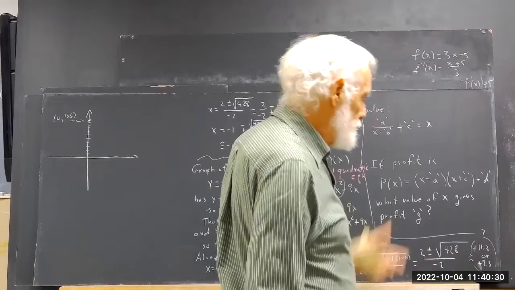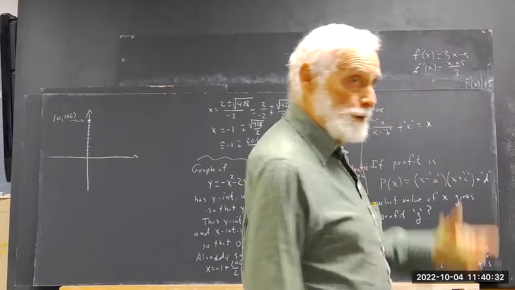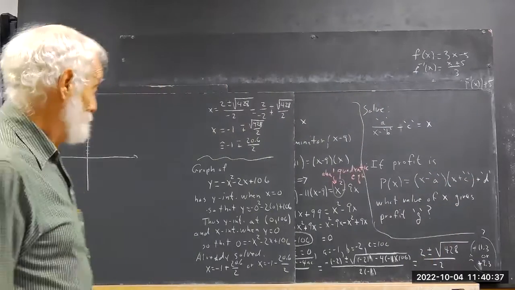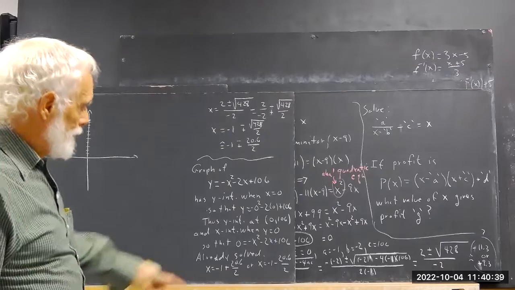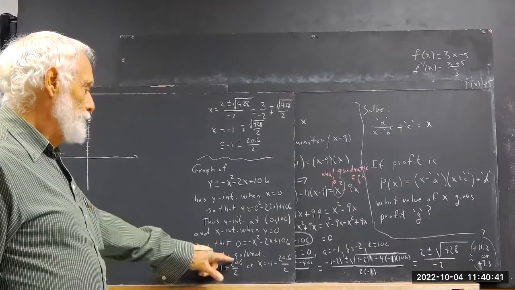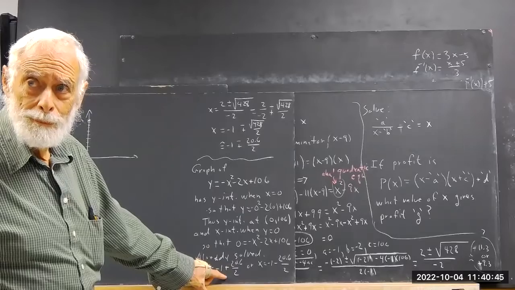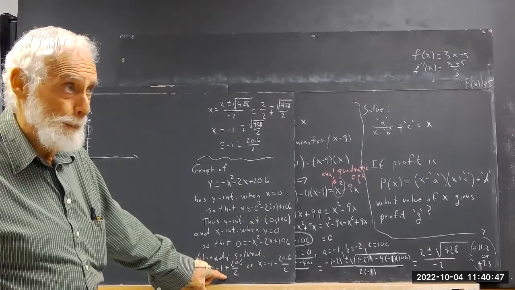I made a mistake, changed the signs, and I thought I made a mistake, so I changed them again. But that was a mistake, so I changed them back. Okay. I guess -1 plus 20.6 over 2. 20.6 over 2 is 10.3. Okay.